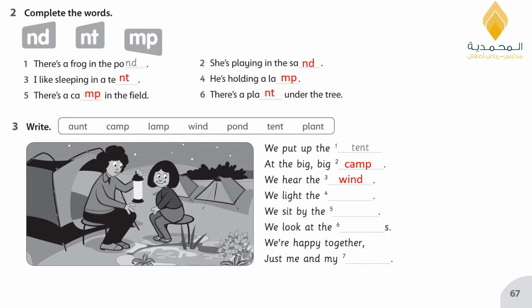We light the lamp. Excellent. We sit by the pond. We look at the plants. We're happy together, just me and my aunt. Excellent.